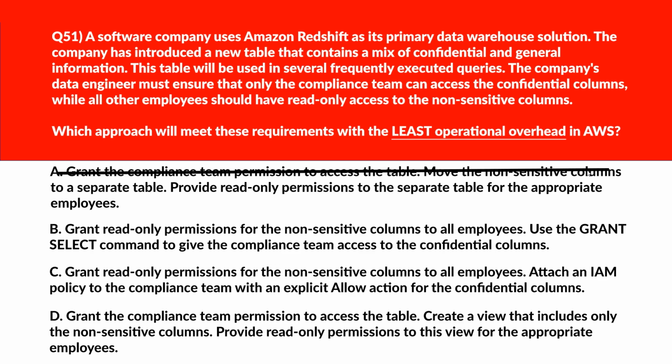We'll move to option B. Option B, if we look, and option C, Redshift doesn't support column-level permissions through the grant select command, as well as managing IAM policies for column-level access, which is not supported by AWS Redshift. So we can reject options B and C as well.